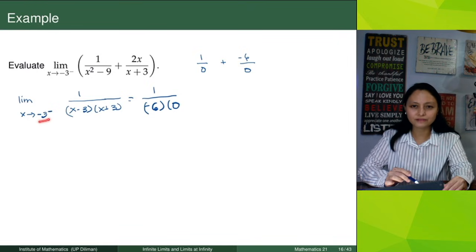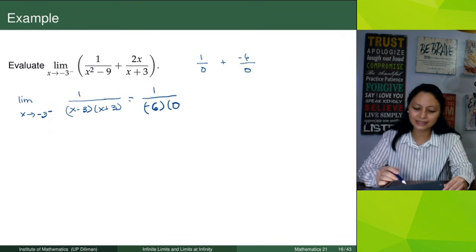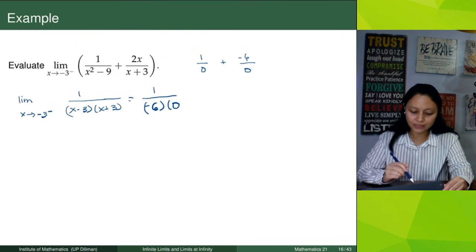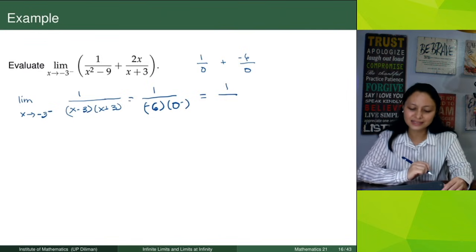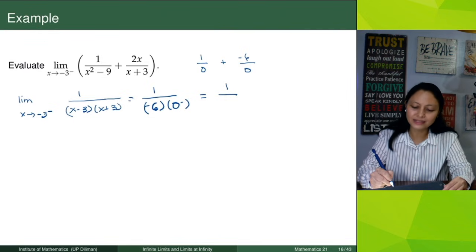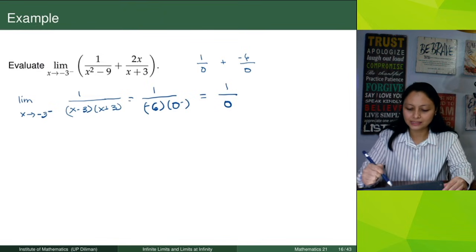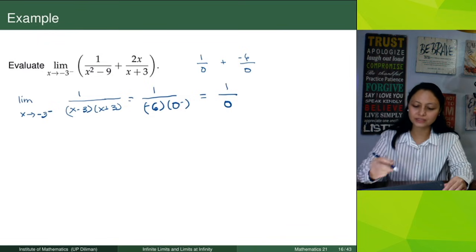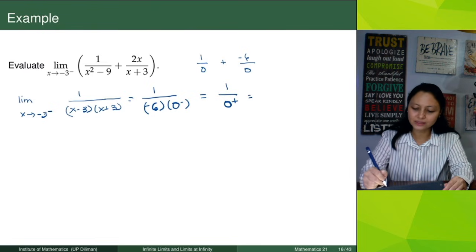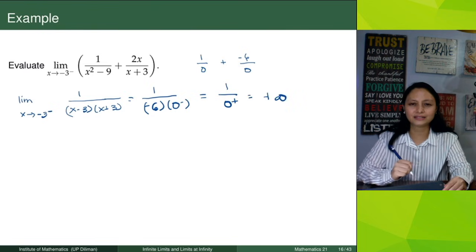Negative 3 from the left, something less than negative 3, say negative 3.1 plus 3, that will give you a negative value. So what you have is 1 over negative 6 times 0, 0 pa rin yan. But how will you be approaching 0? Since negative to, tapos you're approaching 0 through negative values, you'll be approaching 0 from the right.